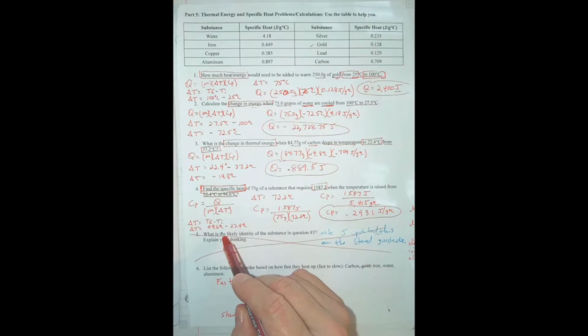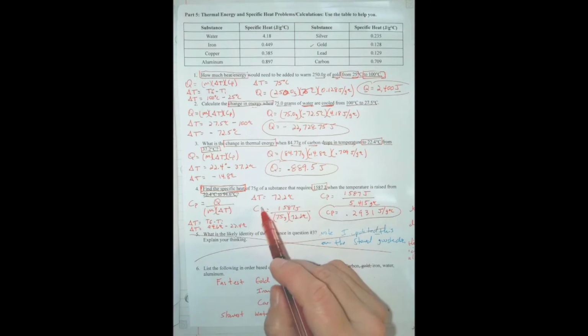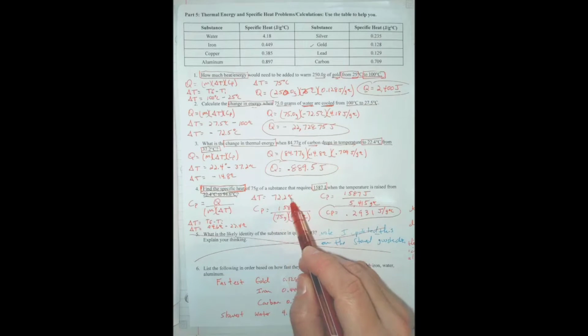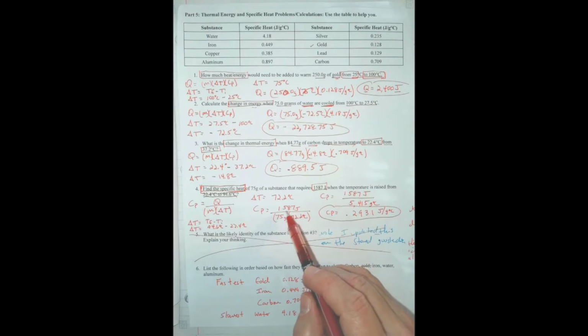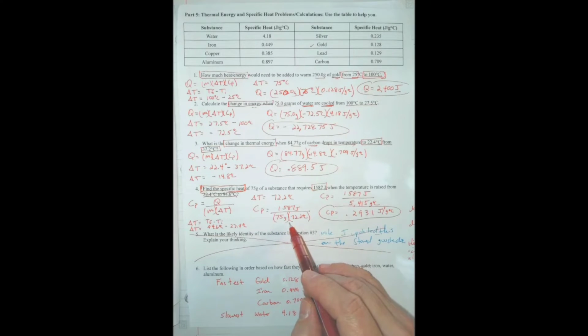So once I calculate the change in temperature, 94.6 minus 22.4, that leaves me with a change in temperature of 72.2 degrees Celsius. When I set up my formula, I've got my Q, 1,587 joules, divided by 75 times 72.2 degrees Celsius.